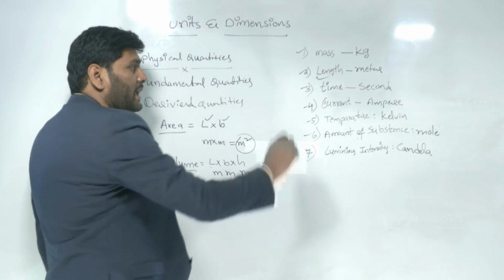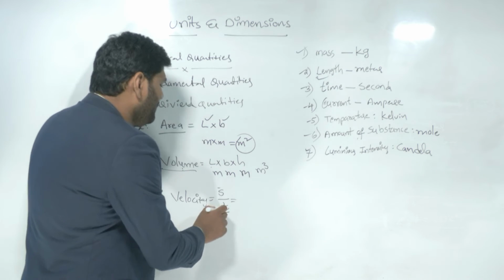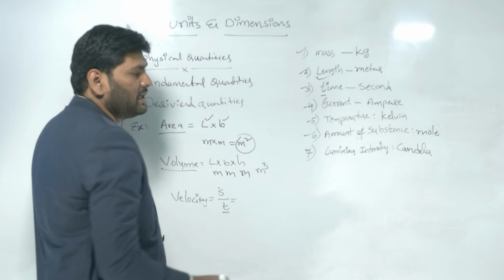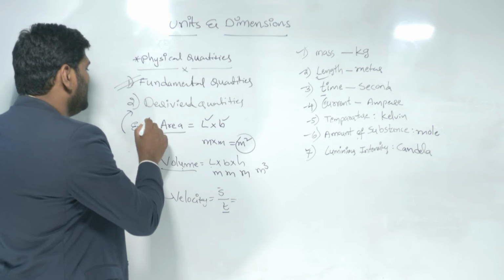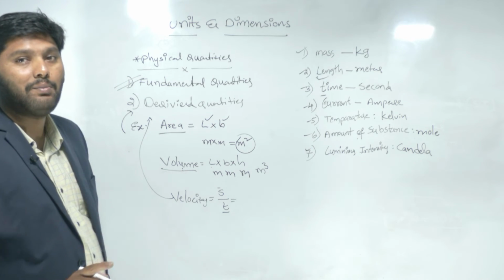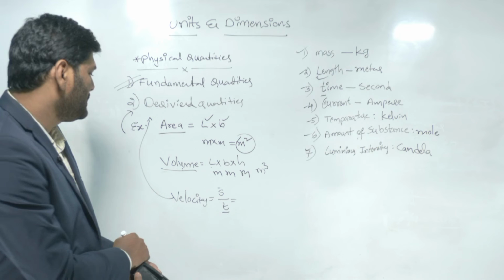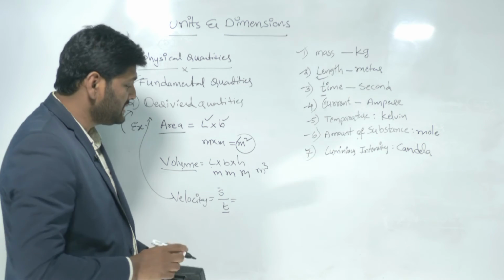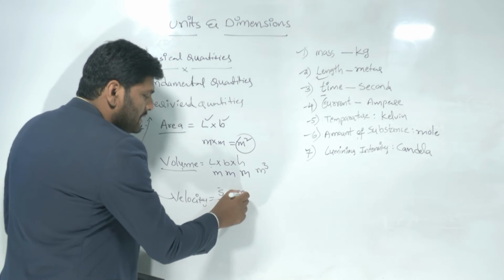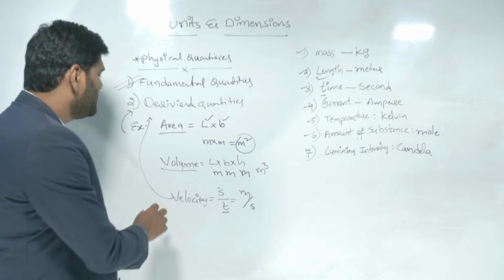So length is what kind of quantity? Fundamental quantity. And time is also what kind of quantity? Fundamental quantity. So velocity is a derived quantity because it depends upon fundamental quantities. So children, tell me now what is the unit for velocity? Here length, here time. So meter per second.